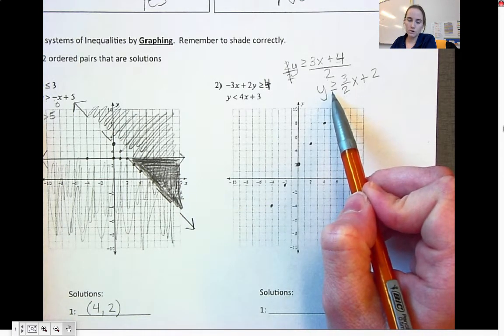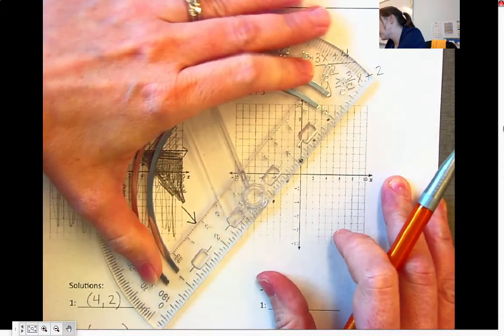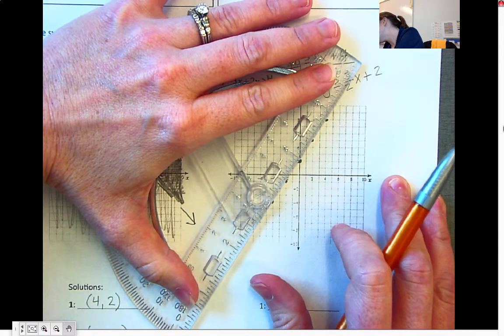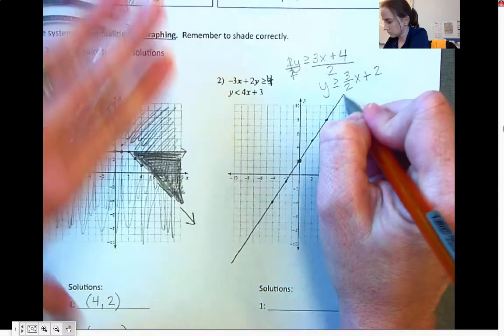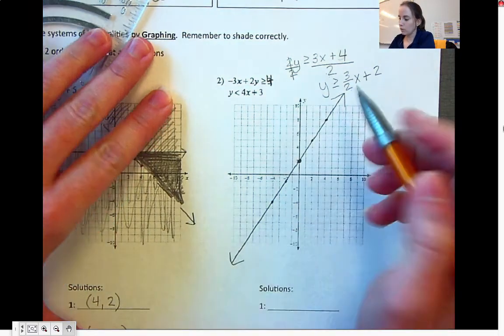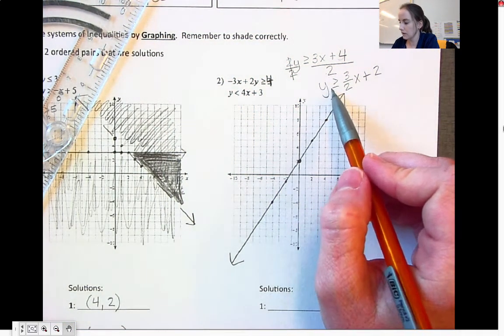Your inequality symbol here says that you can have a solid line. And when we shade, y is greater than the line.